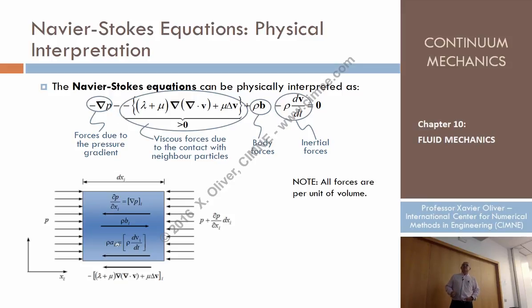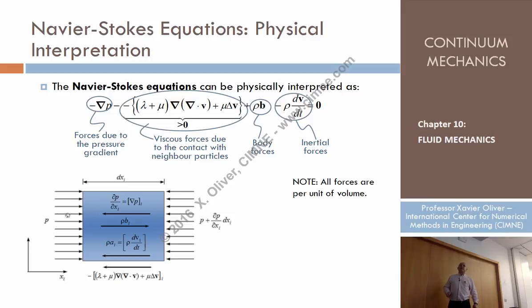Look, the pressure. In that side, the surface is subjected to the pressure, and in that side, the surface is subjected to the pressure too. If the length of this differential element is differential of xi in that direction, we can say that the pressure at this side is equal to the pressure at this side plus, developing in Taylor series up to the first order derivative, the derivative of the pressure with respect to xi times differential of xi.